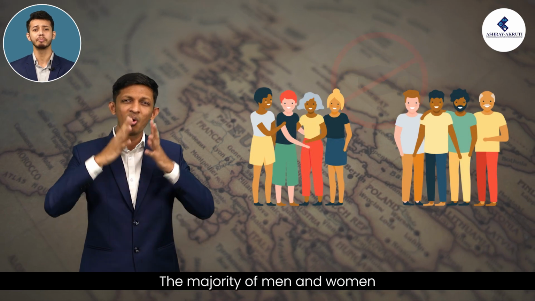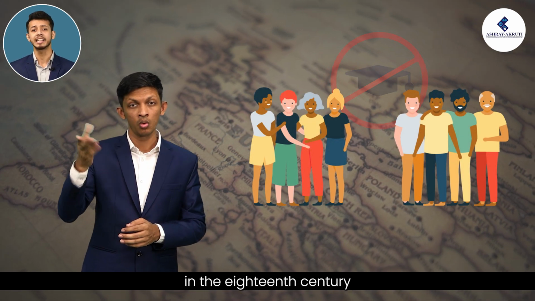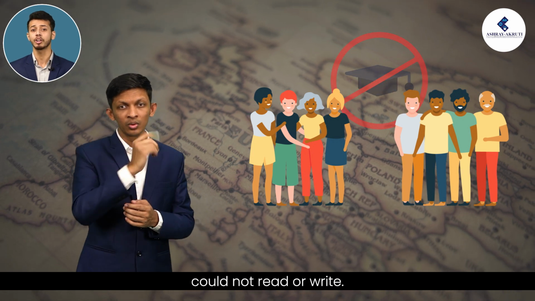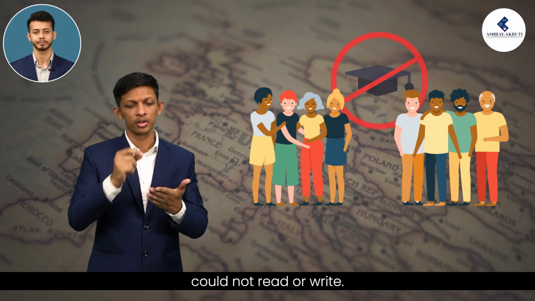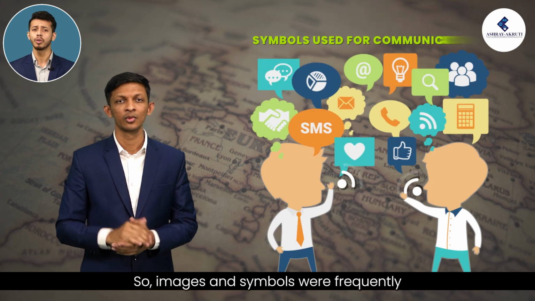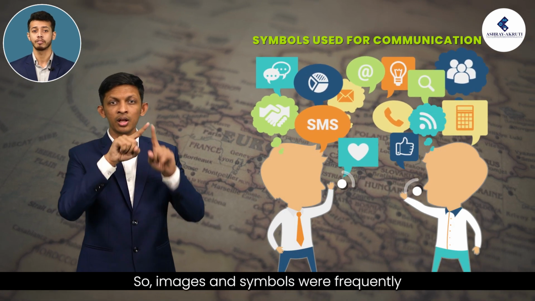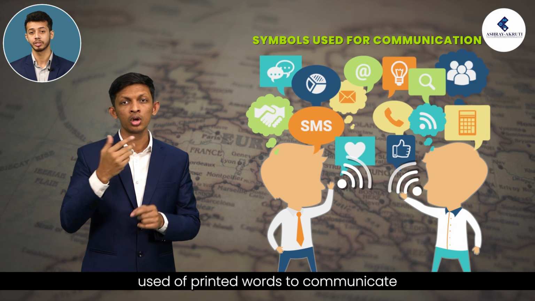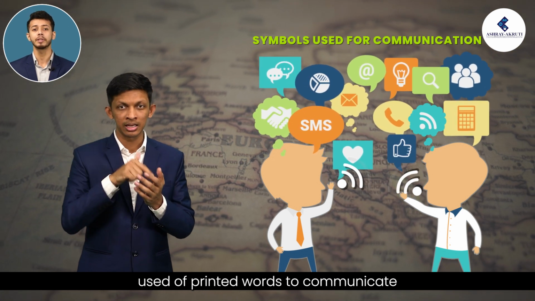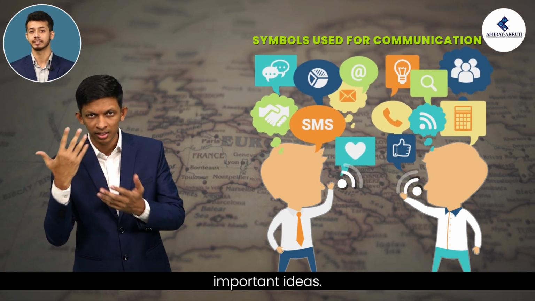The majority of men and women in the 18th century could not read or write. So, images and symbols were frequently used instead of printed words to communicate important ideas.